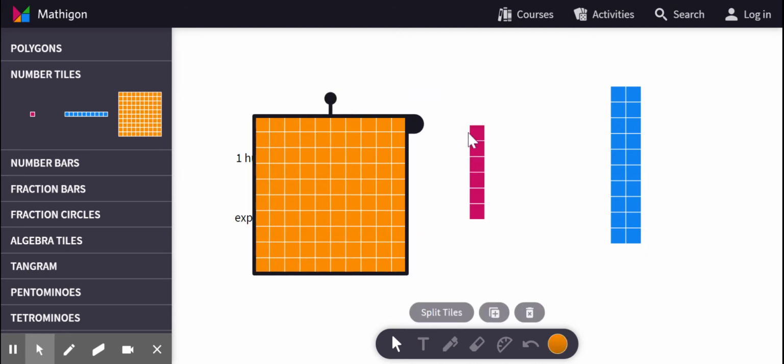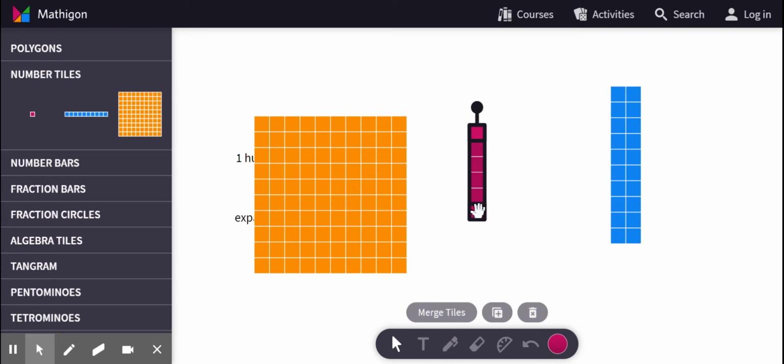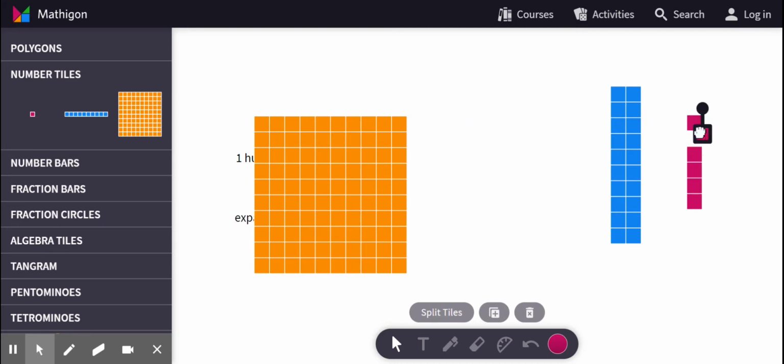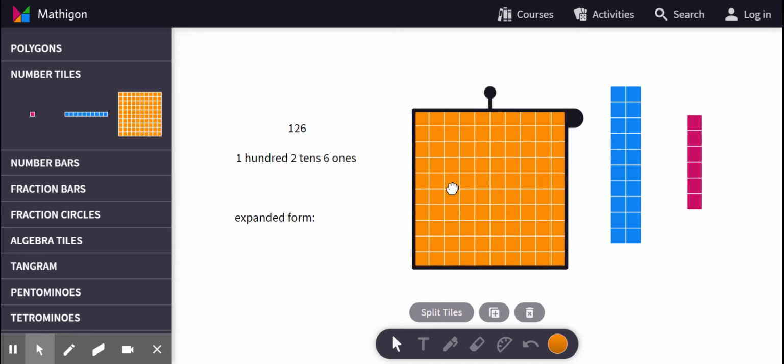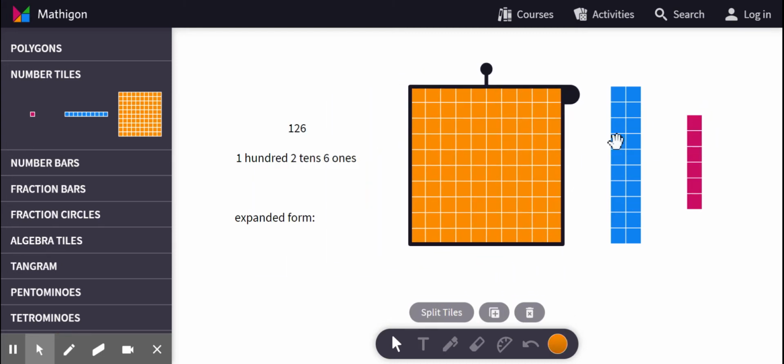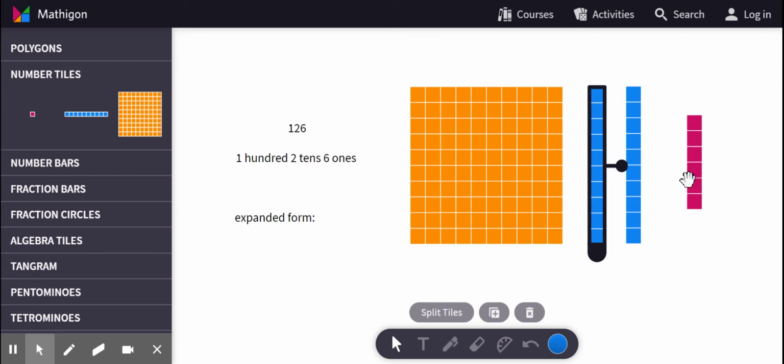I'm going to move this a little bit. Whoops. Missed one. And now I'm going to put this right here. So what this looks like is I have 100 right here.